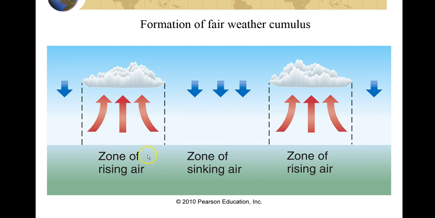So notice that unstable air produces developing cumulus clouds, whereas in a zone of subsidence, what we will later call a zone of high pressure, which we'll cover with air pressure and winds in unit 3, we see sinking air and clear skies. Where we see rising columns of air, or unstable air, we tend to see cumulus clouds growing.